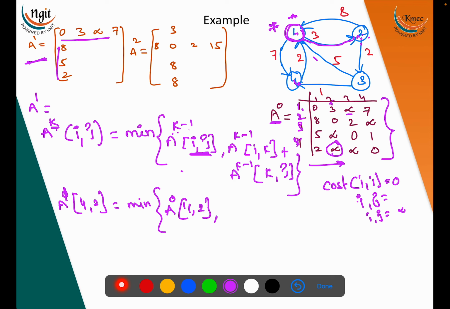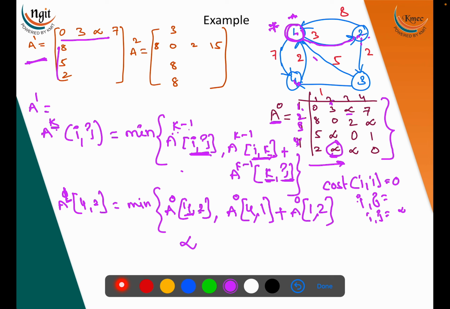What is the existing cost of 4 comma 2? It is infinite. Now A naught i comma k. i is 4, and k is the vertex which you take as the intermediary. I have taken k value as 1, so 4 comma 1, plus A naught k comma j, where k is 1 and j is 2.